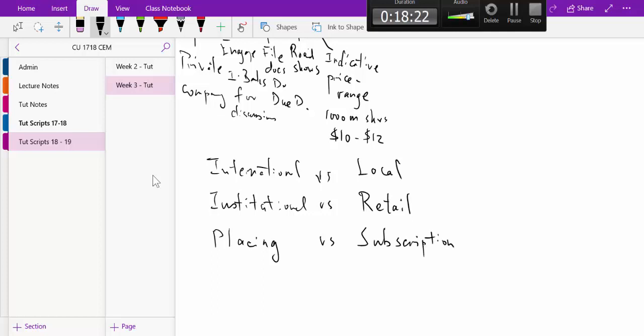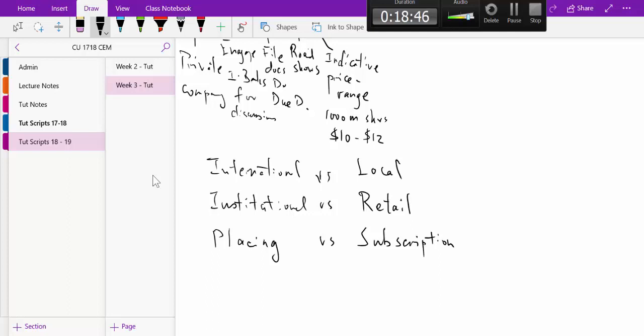Is it making sense to you? All of these are talking about the same thing, okay? So basically it's big versus small, okay? So institution is big, international is big. Institution can be a local institution, so the word international actually is a little bit misleading.